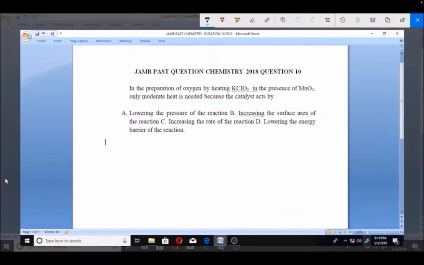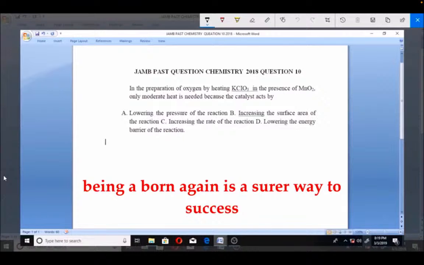So what happens with the catalyst? When you add a catalyst to a reaction, what happens is majorly one thing, to lower the energy barrier of the reaction. That's what happens. So this is a direct answer. D is the answer to this problem.